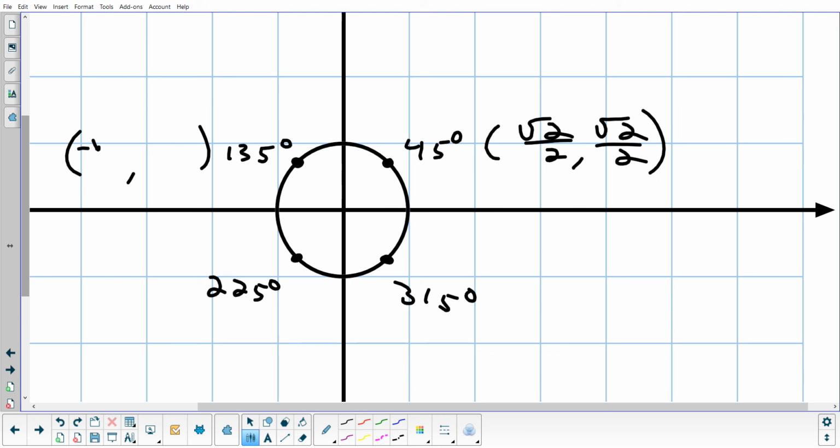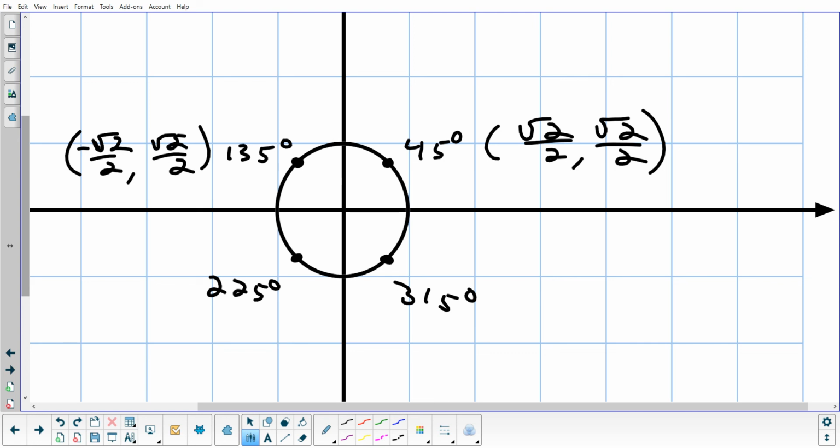Negative square root of 2 over 2, and then square root of 2 over 2. Yeah. So negative square root 2 over 2, comma square root 2 over 2.